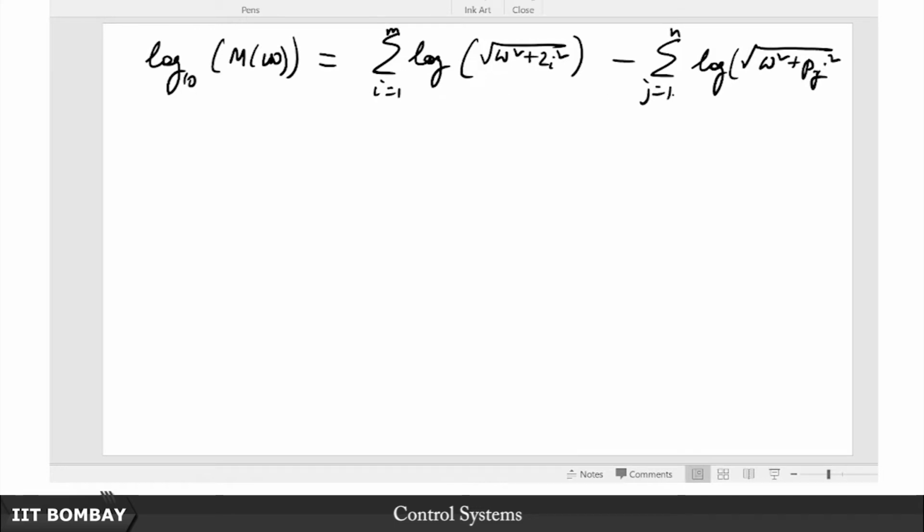Suppose there are m zeros and n poles, this is the general expression. And this is beautiful because now this gives me a handle on how to plot this M(omega).